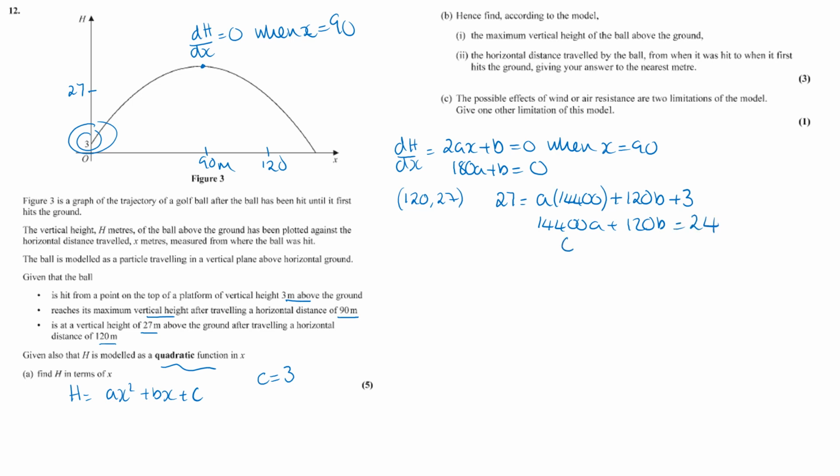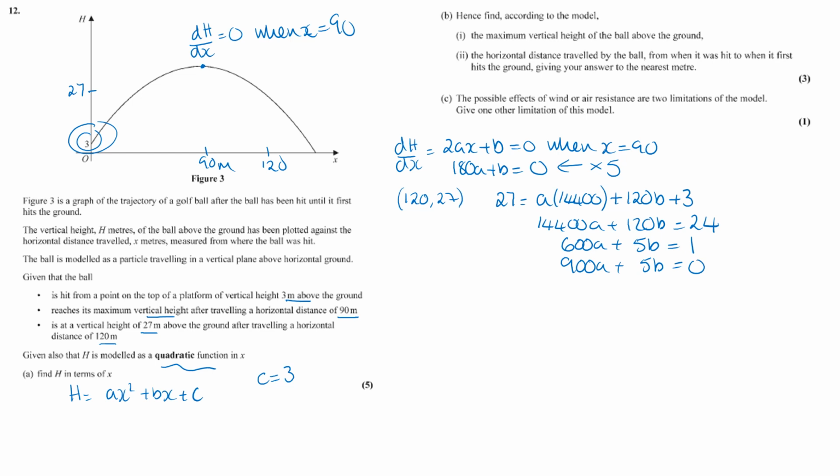Divide by 24, 600a plus 5b is equal to 1. Now, if we times the first equation by 5, you're going to have 900a plus 5b is equal to 0.